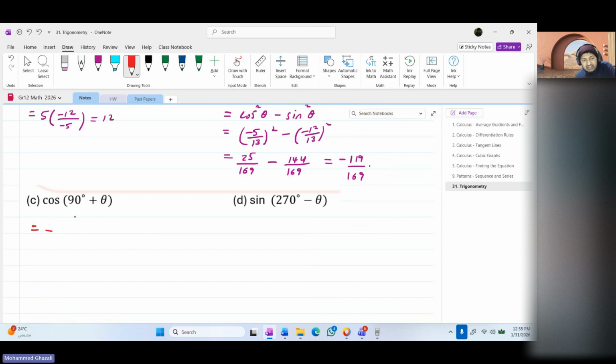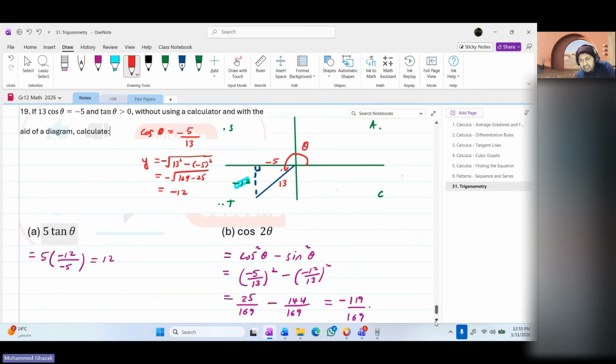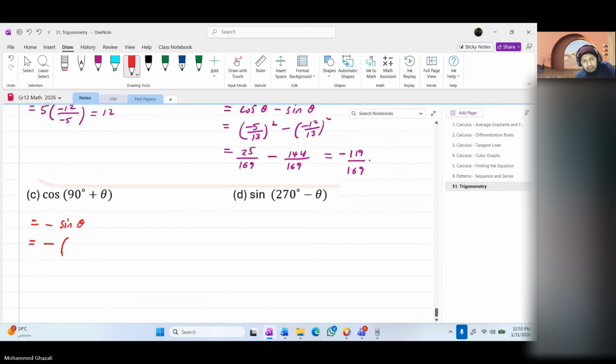We are using 90 degrees, so it changes to sine. Negative sine theta, and that's negative. What is sine of theta? Sine of theta is from the diagram, minus 12 over 13. Negative, negative cancels out, so you just got 12 over 13. I hope you understood that.